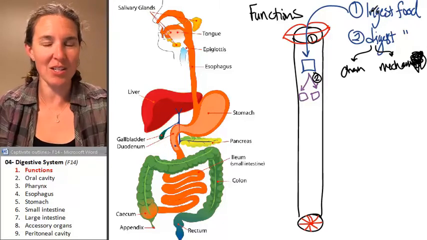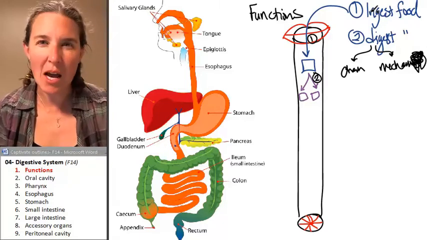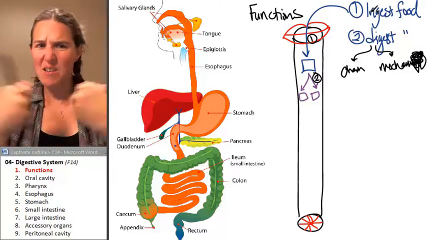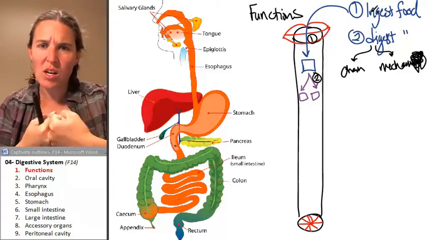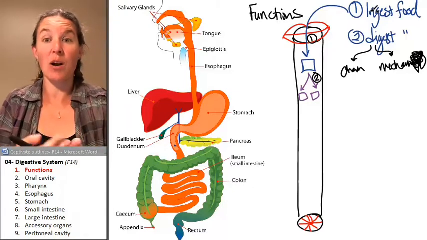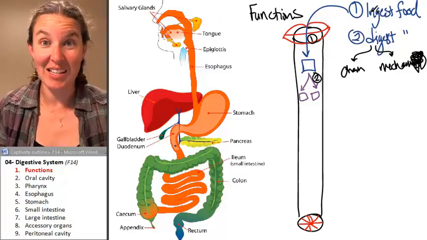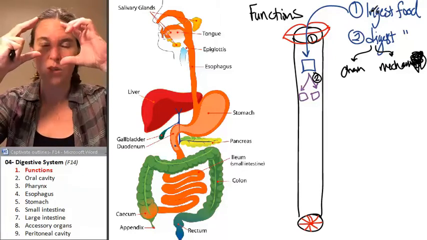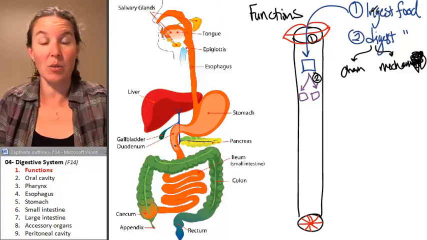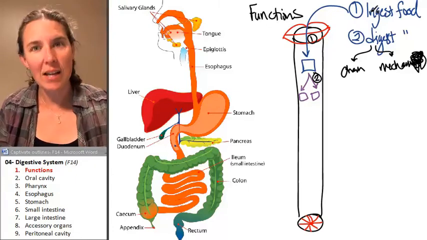When you break something down mechanically, you actually apply a force to break the particles apart. The end result is exactly the same. You start out with a big particle, you end up with lots of little particles, which again is the definition of digestion.